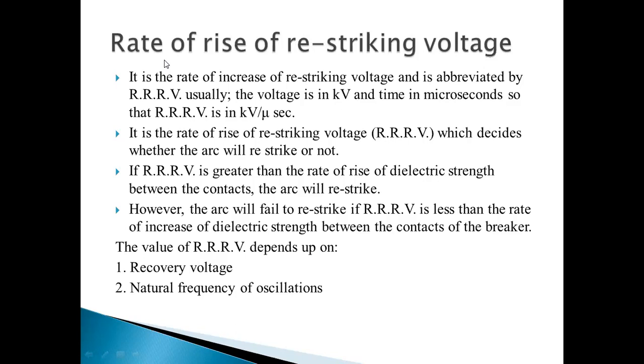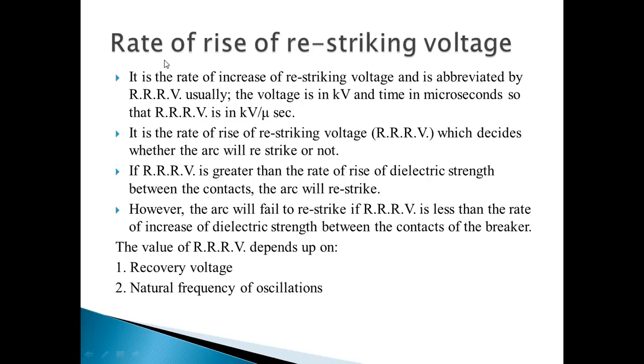Means the restriking voltage is increasing, so it is the rate of rising of that restriking voltage. Its voltage is in kV and time is in microseconds, so RRRV is measured in kilovolt per microsecond.